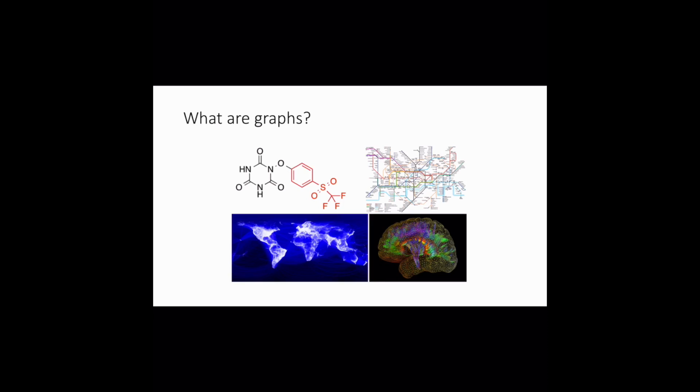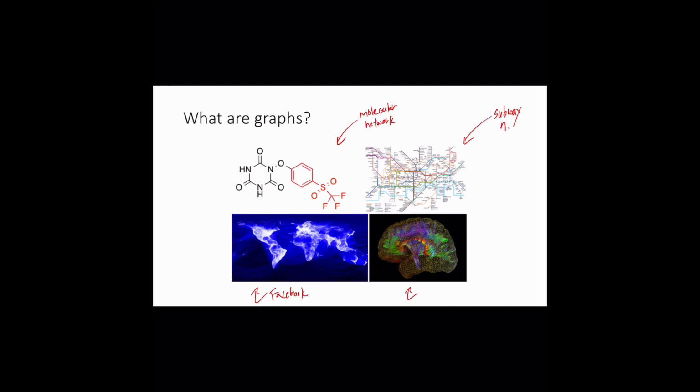Here are some examples of graph structured data that we might encounter in the world. Here's a molecular network. This one here is a subway network. This is the entire Facebook graph visualized on a map of the world.